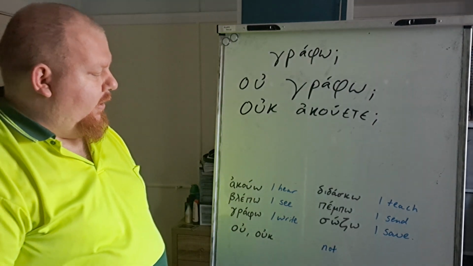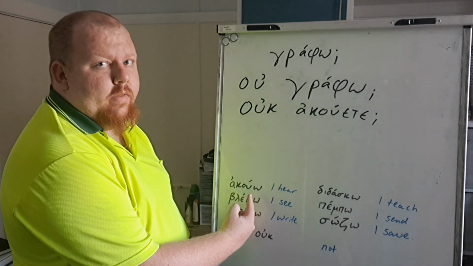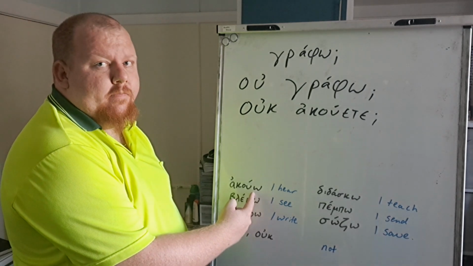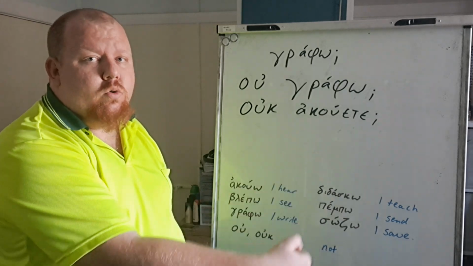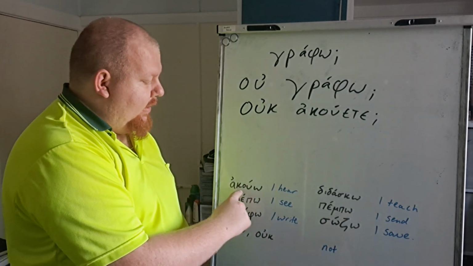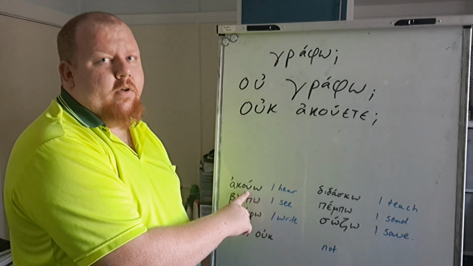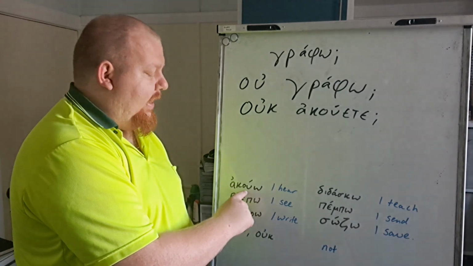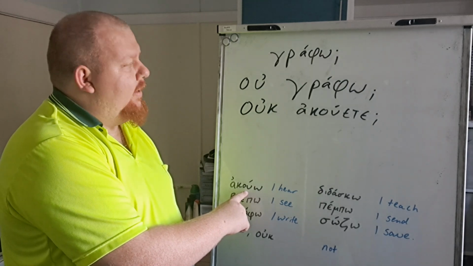Here we have akouo. So the ending is omega, okay? And it changes to akoueis, you hear. So the omega is the ending, and the syllable before the ending is the ou sound. So you have akouo. That's where the accent falls, and it's always going to be an acute in this case.